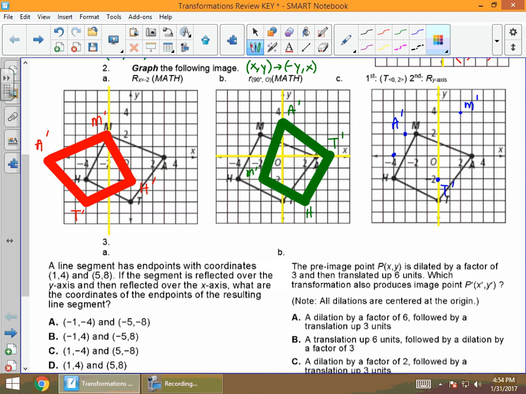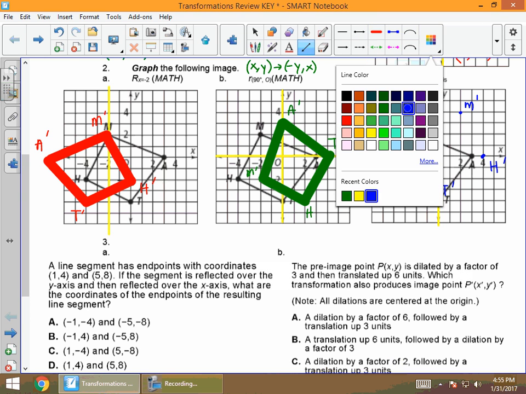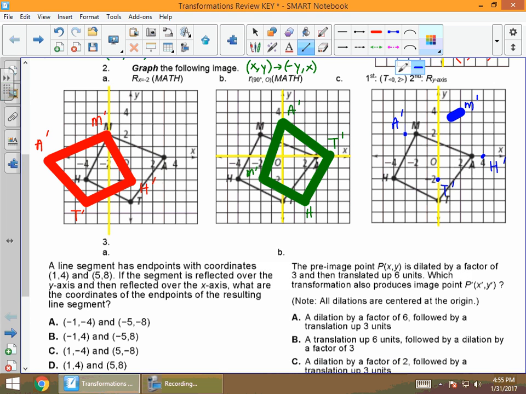T. And H is 4 units left. So I'm going to move it 1, 2, 3, 4 units right. That is going to be my new H. So there's my M, A, T, and H. And let's connect them. M to A to T, T to H, and H back to M. Should look something like that.